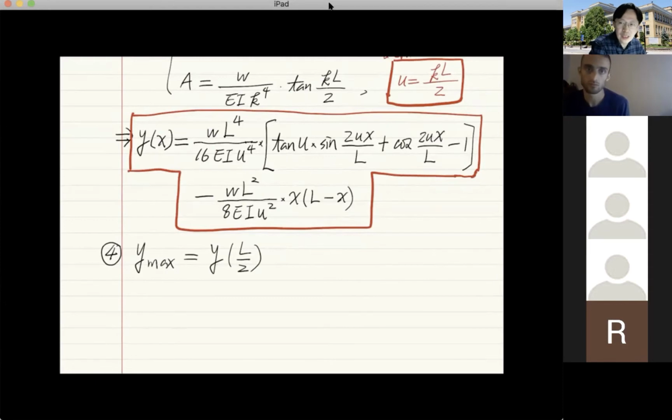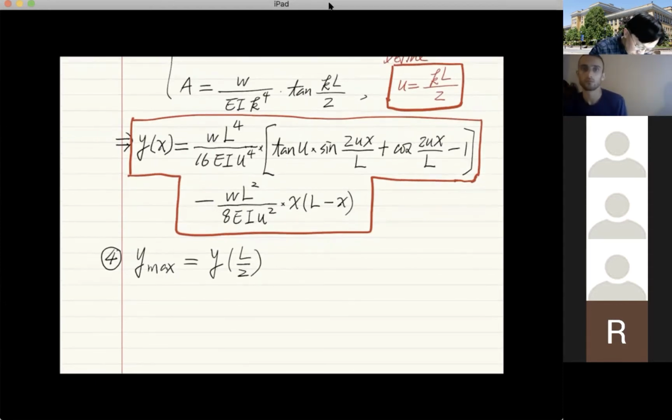So u is kL over 2. When you substitute, just pay attention to the x. This will be replaced, this will be replaced, this and this. So you just have to substitute L over 2 into the locations where I marked x in blue circles.